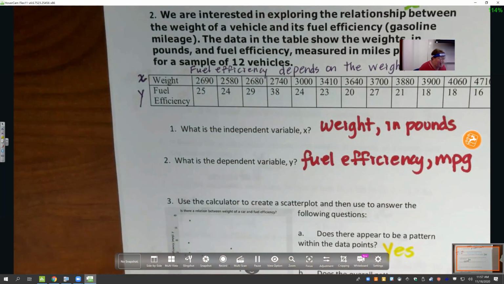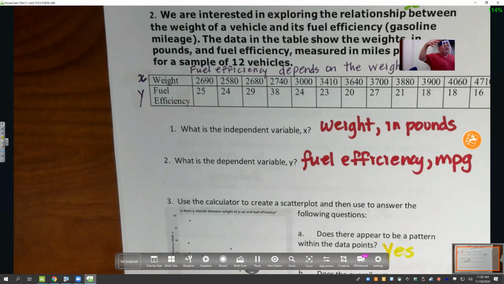Most times, when you're creating this regression model, you want to only make predictions within the range of data that you started with. So I really only want to consider vehicles between 2,580 and 4,710 pounds, and 3,500 pounds is within that range, so I'm okay.